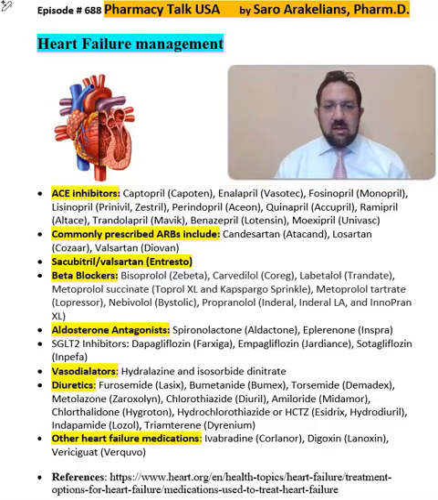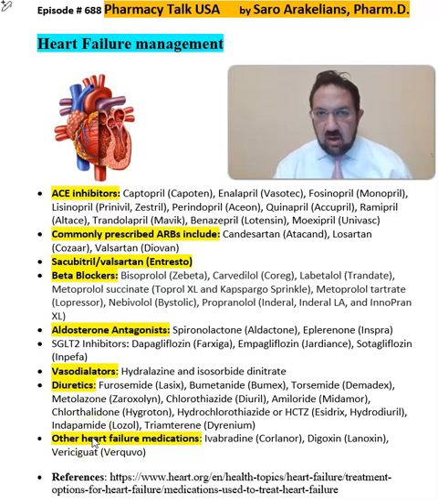So here is a list of medications, and I'll go over the details of the listing. Mainly, there are ACE inhibitors and ARBs, and commonly prescribed ARBs that I'm going to go over. There is sacubitril valsartan, which is Entresto, beta blockers, aldosterone antagonists, vasodilators, diuretics.